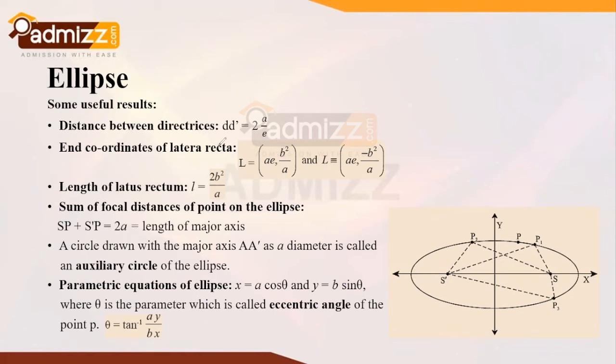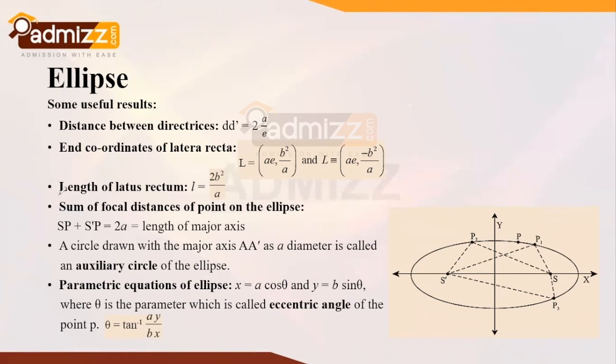The coordinates of the latera recta are given by (ae, b square upon a) and (ae, minus b square upon a). One is located towards the right hand side, one is located towards the left hand side. The length of latus rectum is given by 2b square by a, and the sum of focal distances of a point on the ellipse is given by 2a, that is the length of the major axis.